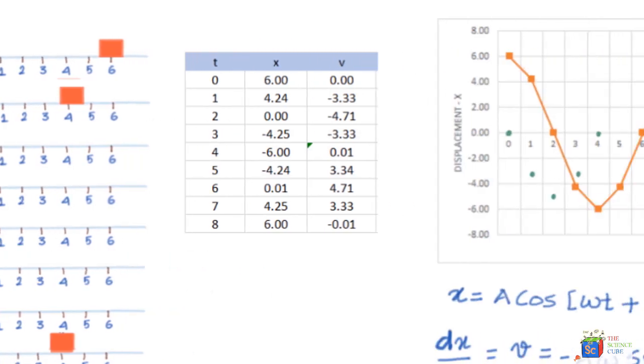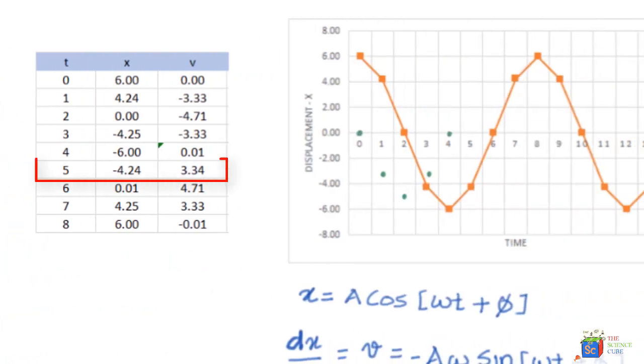So at t equal to 5 seconds, its velocity now becomes plus 3.34 meters per second, because now the mass is moving towards the right. So we will put at t equal to 5 seconds, the velocity is 3.34 meters per second. It should be somewhere over here.